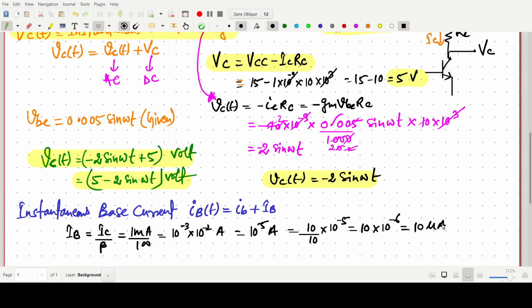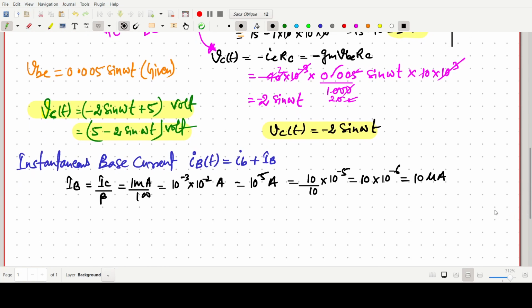The DC component we have already found. Now we have to find the AC one, that is ib. So how can we find ib? Suppose this is the transistor. The resistance looking from the base side is r pi, with base, collector, emitter, and some current ib going, and this voltage is VBE.